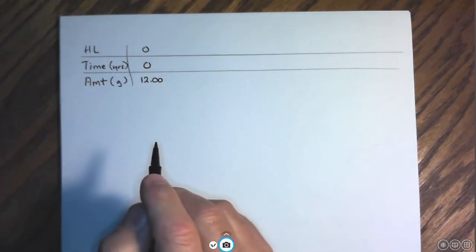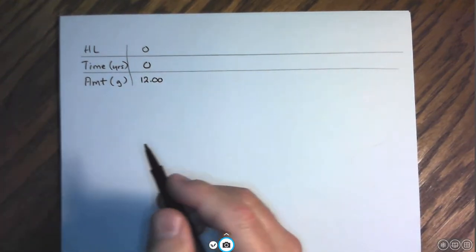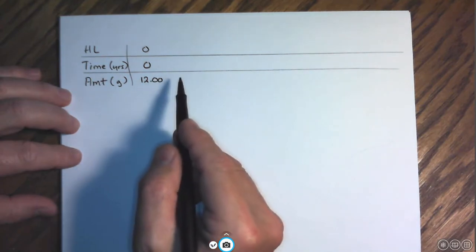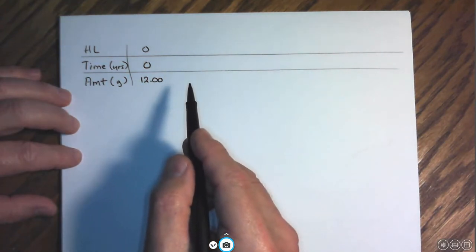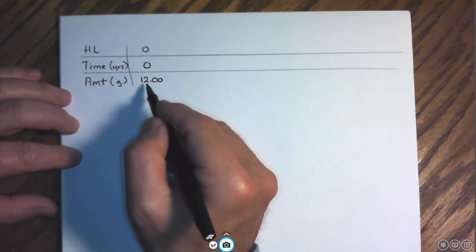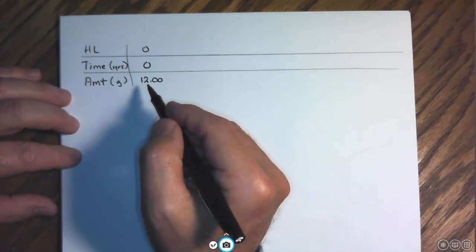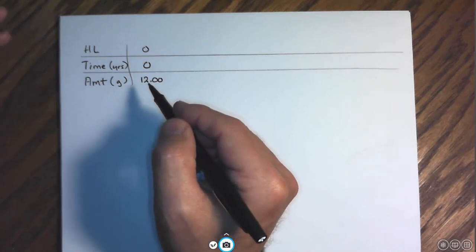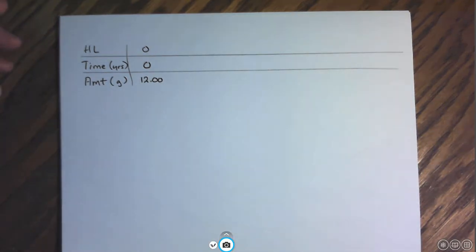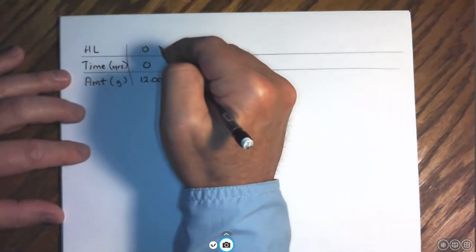Since what we're going to be doing is dividing the amount by 2 each time, every one of these has to have 4 significant digits. The reason is I'm dividing by a whole number, and those are counting numbers, and counting numbers don't count for significant digits. That's the little phrase I use to help you remember that.